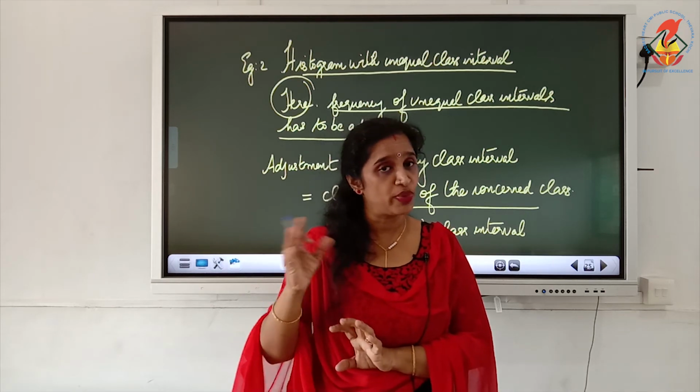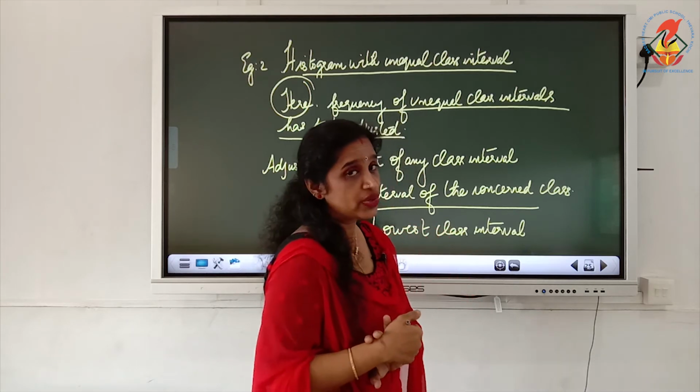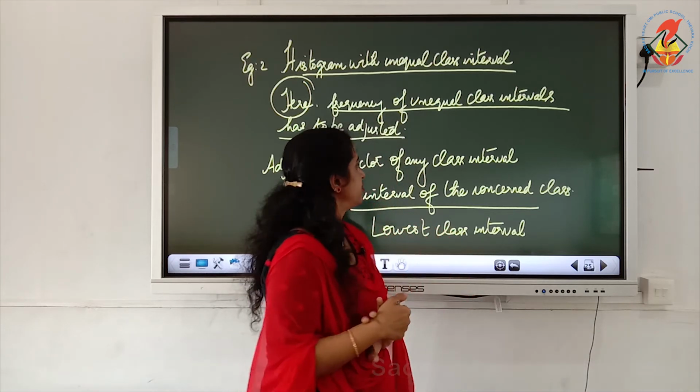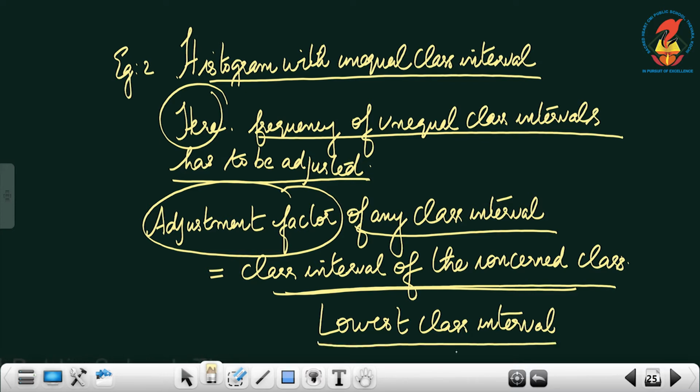So the frequencies of unequal class interval have to be adjusted. That is known as adjustment factor. So how will you find out that adjustment factor? Adjustment factor of any class interval is equal to class interval of the concerned class divided by the lowest class interval.